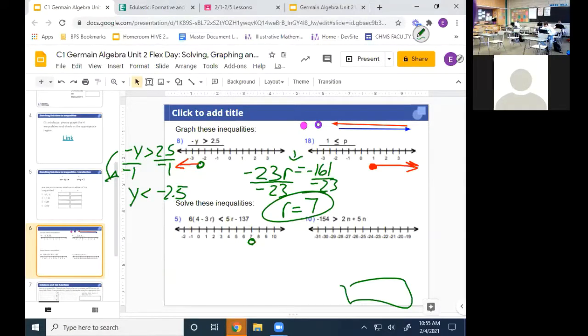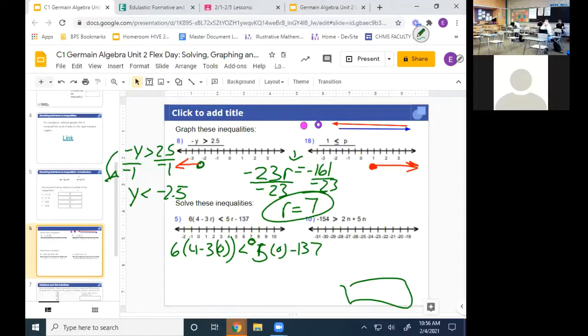Like to the inequality, we could say 6 parentheses 4 minus 3 times 0 close parentheses is greater than 5 times 0 minus 137. You plug that 0 into that inequality.